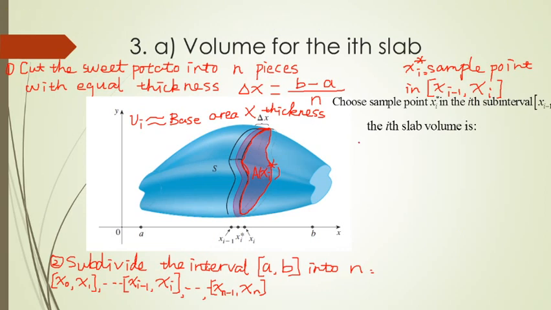The base area is evaluated at the sample point xi star, and then times the thickness delta x. So we can form the volume formula: the estimated volume for the ith slab is the cross-section area evaluated at xi star times this little thickness. That is the estimation we use, not equal, approximated.